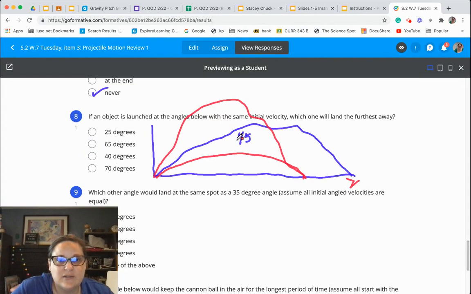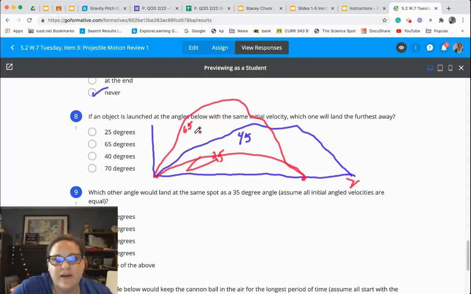So if this is 45 and this is 25, that's 20 less. 25 is 20 less than 45. If I then go 20 more than 45, so 65, those two angles will land in the same place.